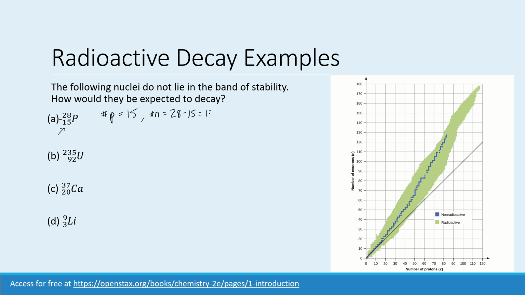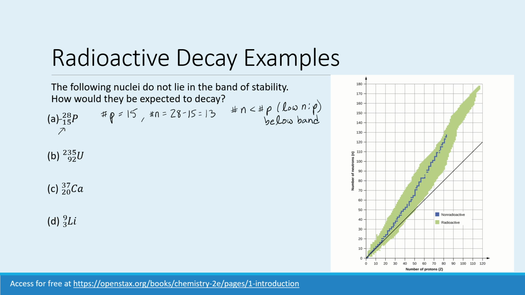That gives us 13 neutrons. The number of neutrons in this example is less than the number of protons, and so we have a low neutron to proton ratio. That's an indication that we are below the band of stability.